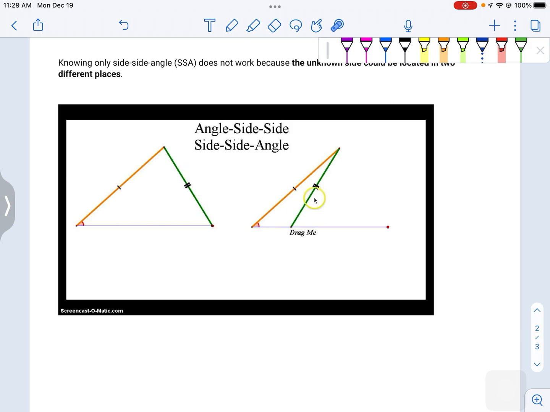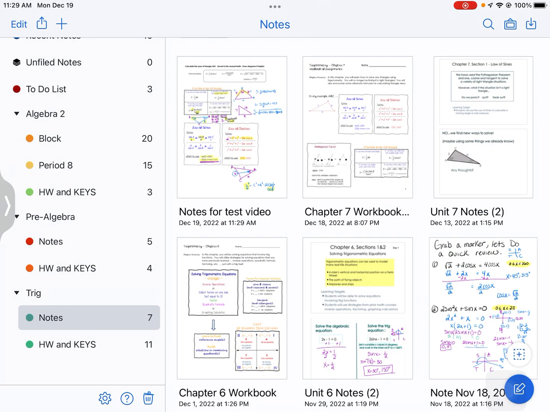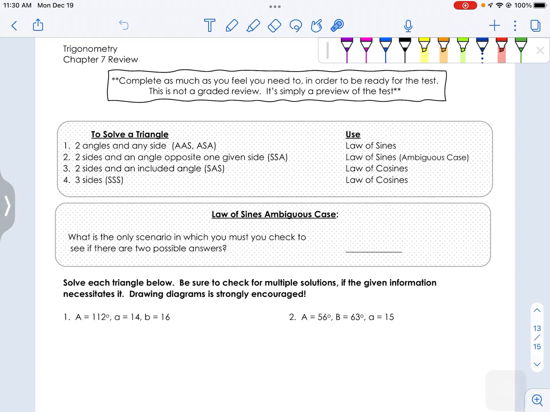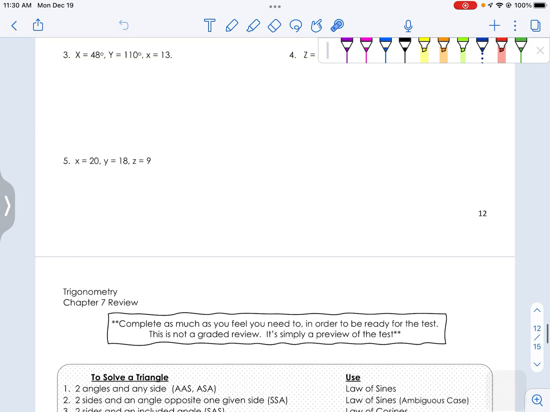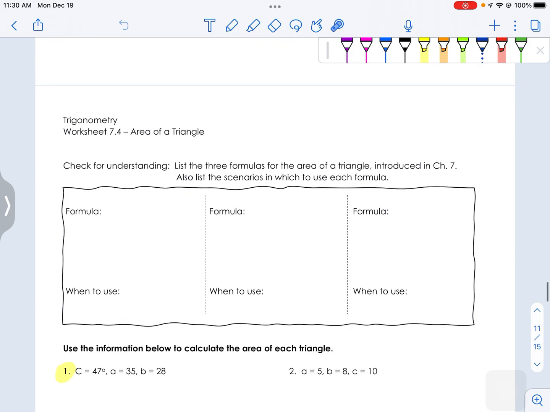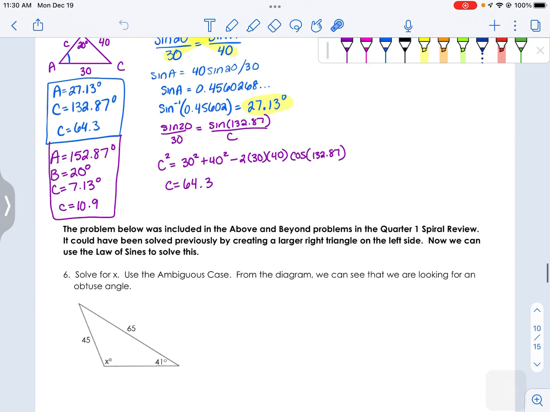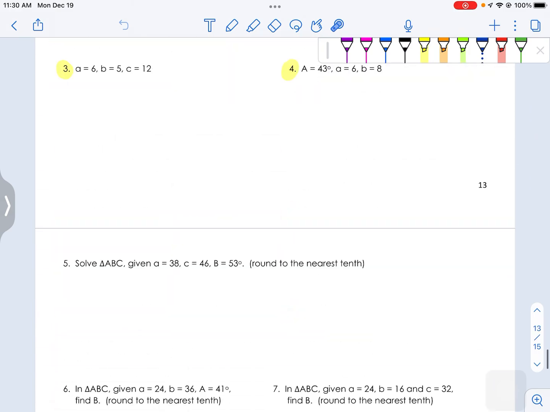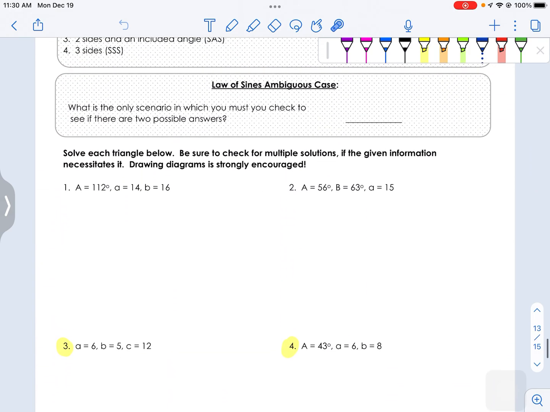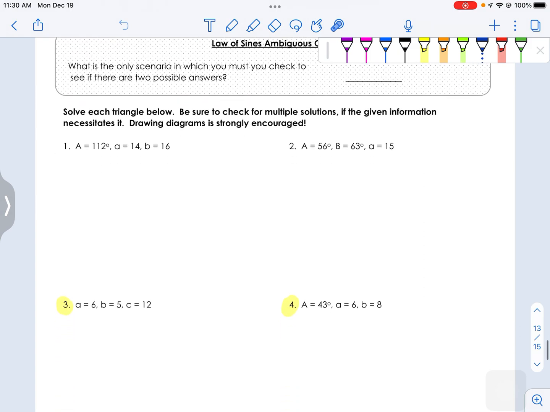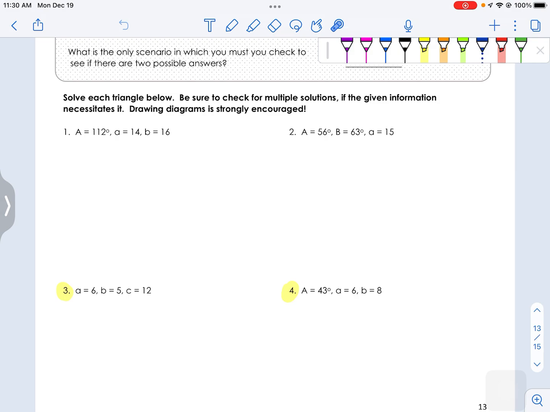And so I think I'm going to start with an example for the ambiguous case. So I'm just going to go into your workbook. Okay, sorry, changed my mind. I'm just going to stick to the ones on the review, but these ones are solve the triangle, be sure to check for multiple solutions.